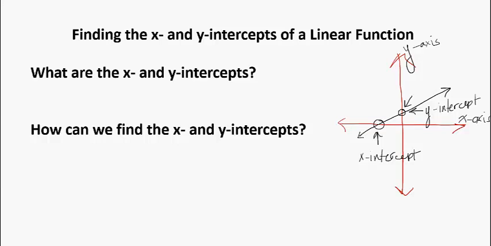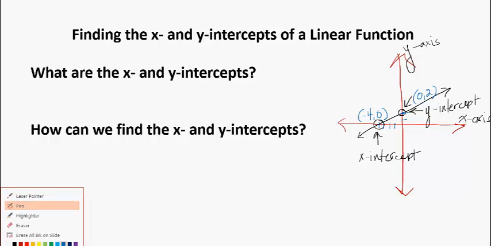Now let's approximate where these points are on the line. Let's say this point could be approximately here, so this would give us (-4, 0), and this point right here is at (0, 2). If you think about it, every point on the x-axis is going to have 0 for y.